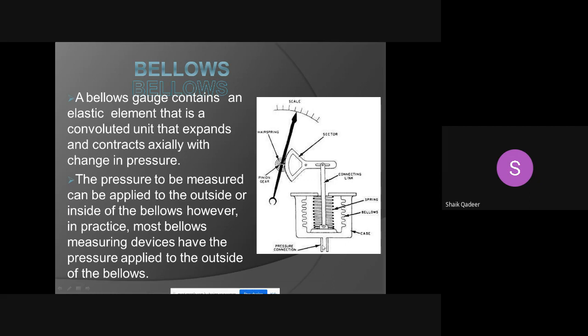So the bellows are convoluted and expand and contract axially with the change in applied pressure. So the displacement which is created in this axis can increase or decrease based upon the applied pressure. Detail about this I will cover in next class.